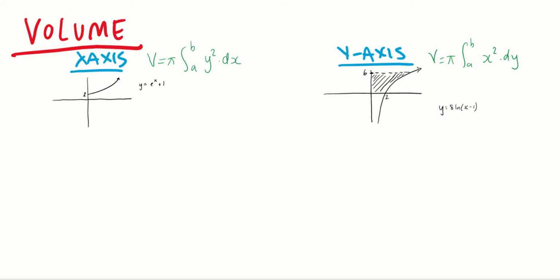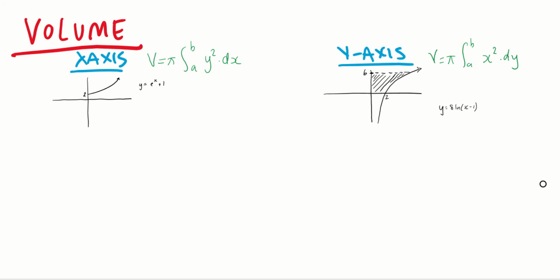To remember which one's which: when you are finding the volume of a curve rotated around the x-axis, it's V equals pi, outside of the integral between b and a, of y squared dx. When you are rotating around the y-axis, it's V equals pi, integral between b and a, of x squared dy.